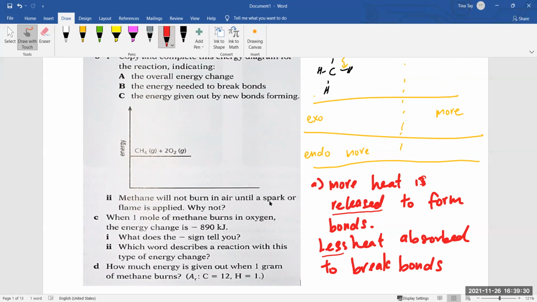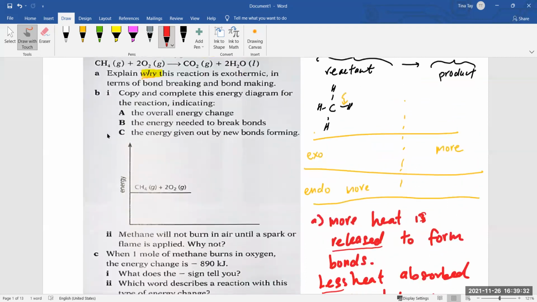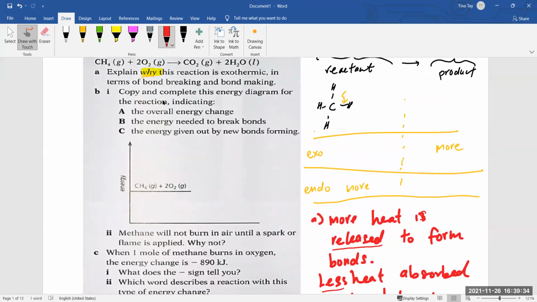So do you understand this part? Can I answer this? The answer for A. Question B, copy and complete the energy level diagram for the reaction, indicating the overall energy change, the energy needed to break bonds, and the energy given up by new bonds forming. So this reaction is exothermic, right? So what happens is, here is the energy needed to break bonds.